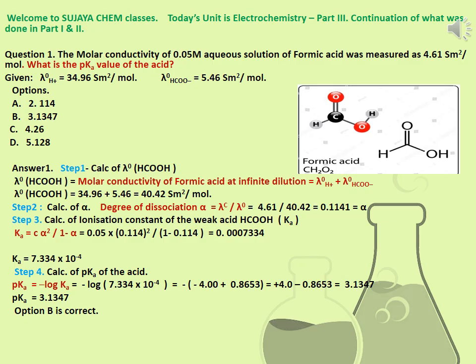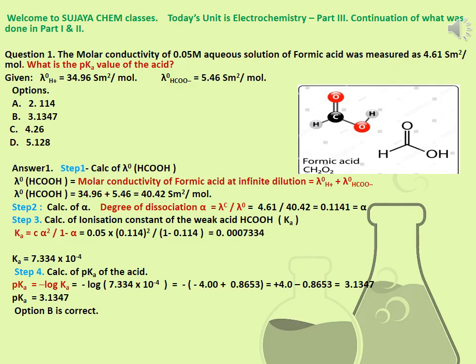So substituting molar conductivity at the given concentration as 4.61 divided by molar conductivity at infinite dilution, which we have calculated as 40.42, and dividing it, we get alpha, the degree of dissociation, equal to 0.1141.